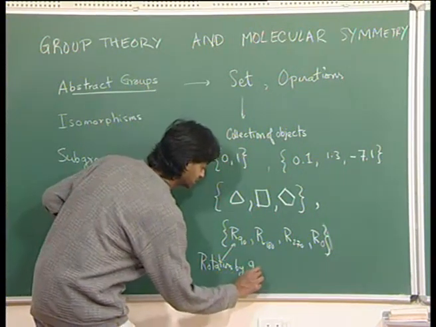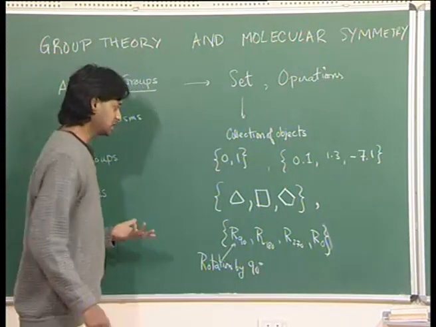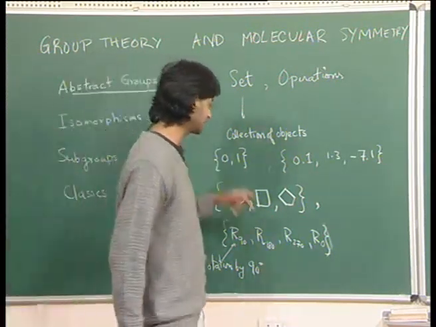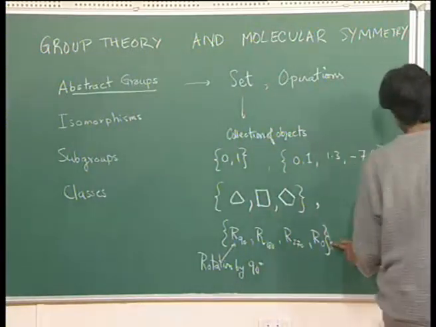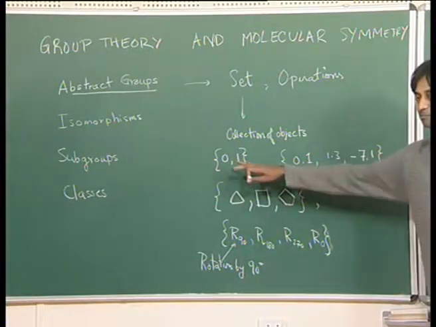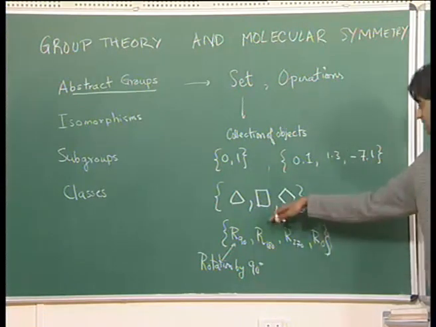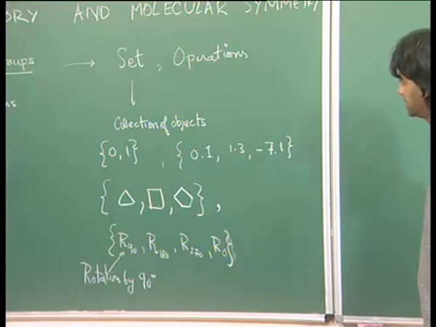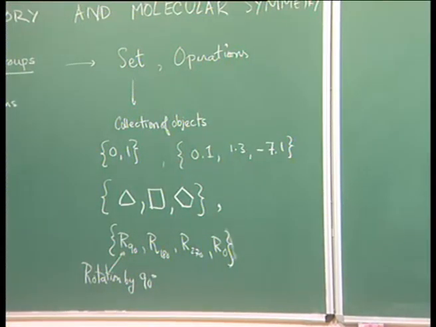So basically this set can be a collection of any kinds of objects. You don't have to have only numbers in your set, you don't have to have only figures in your set, you can have all kinds of things, or combinations of all these objects. So, it is a collection of objects.